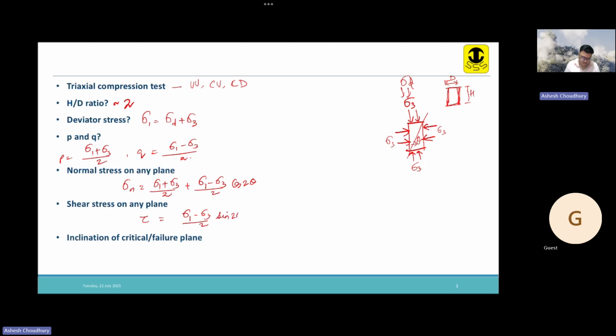And what is the inclination of the failure plane? The inclination of the critical or failure plane is 45 plus phi by 2, and phi is the angle of internal friction.